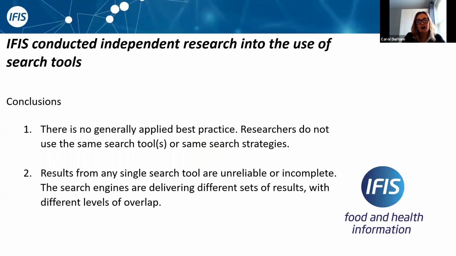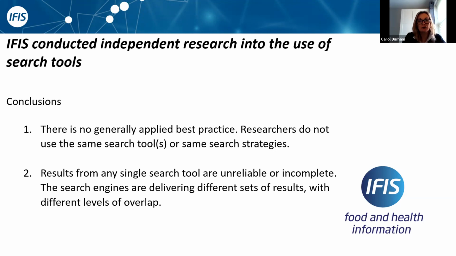So, as I mentioned, IFIS is a not-for-profit publisher, and what we do is we conduct research, and we do a lot of work to try and understand the food science community in more detail, and also help the food science community.